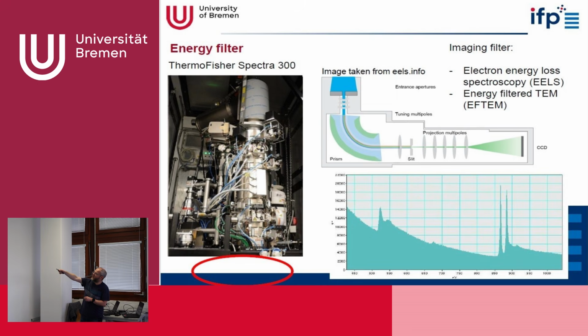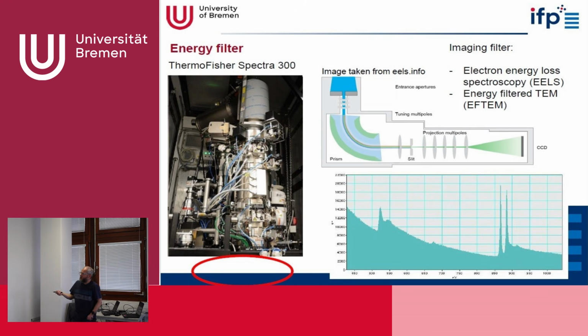The electron beam comes down, then we apply a magnetic field, and this magnetic field will, similar to the monochromator, disperse the electrons with respect to their different energies. So slower electrons will be deflected higher up, faster electrons will be deflected lower down. That means we have here a plane where we will see the distribution of the electrons according to their energy.